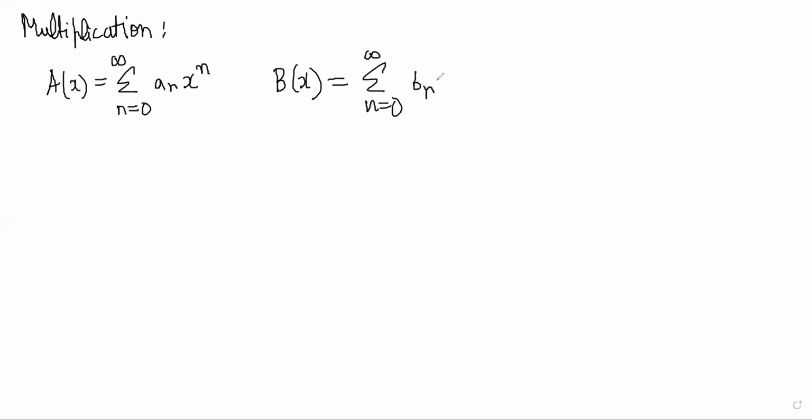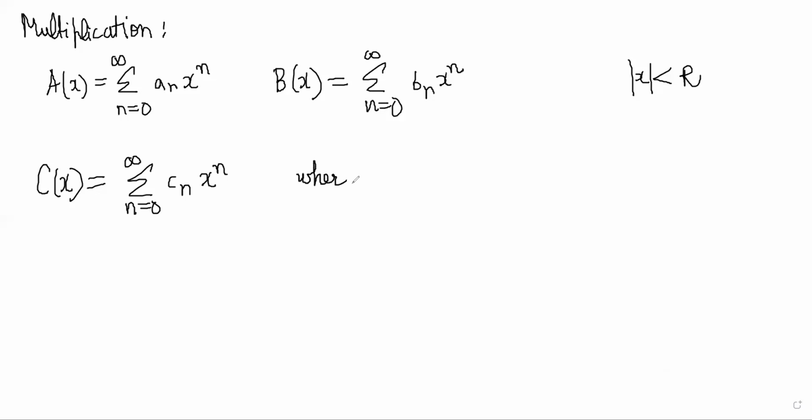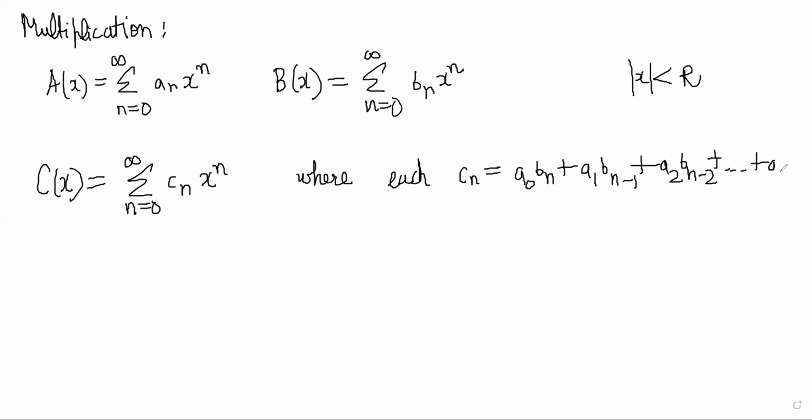If A of x is equal to summation of n is equal to 0 to infinity a_n x power n, and B of x is equal to summation of n is equal to 0 to infinity b_n x power n, and suppose both of these series converge for mod x is less than r, then what the theorem says is that we can create a new series C of x, which is equal to summation of n is equal to 0 to infinity c_n x power n, where each c_n is basically a0 bn plus a1 b(n-1) plus a2 b(n-2), and so on till an b0.